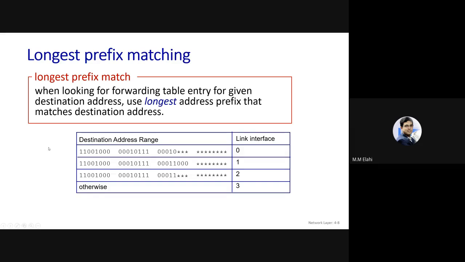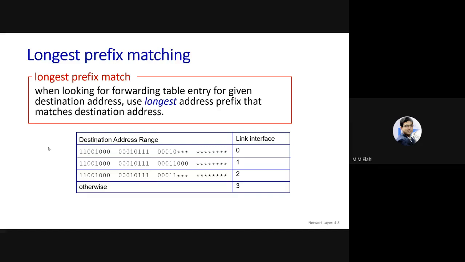The process starts when it gets a packet with a destination IP. It needs to decide to which interface this packet should be forwarded. How? The idea is it will take the destination IP and get the network part.